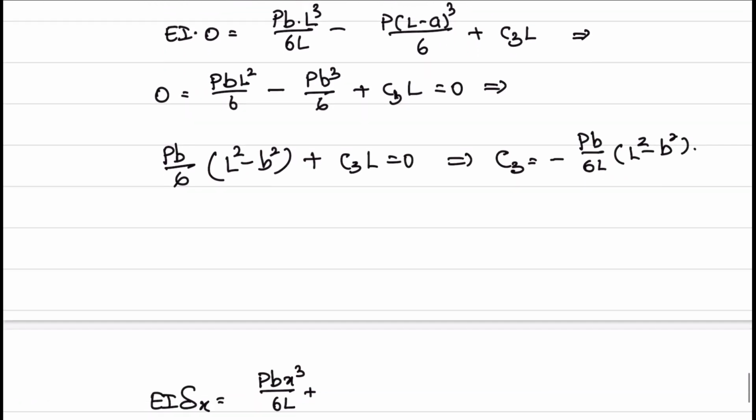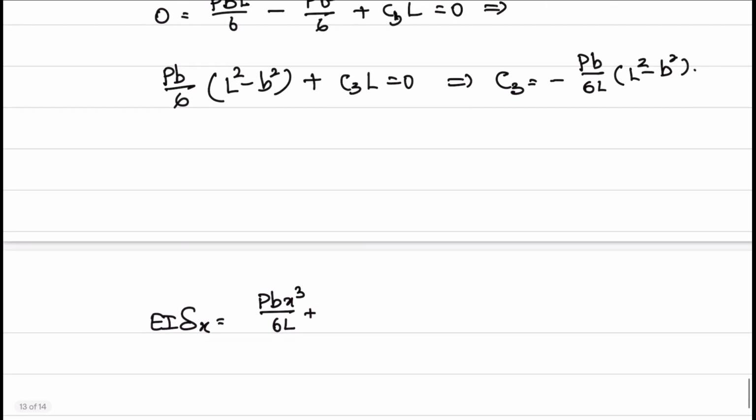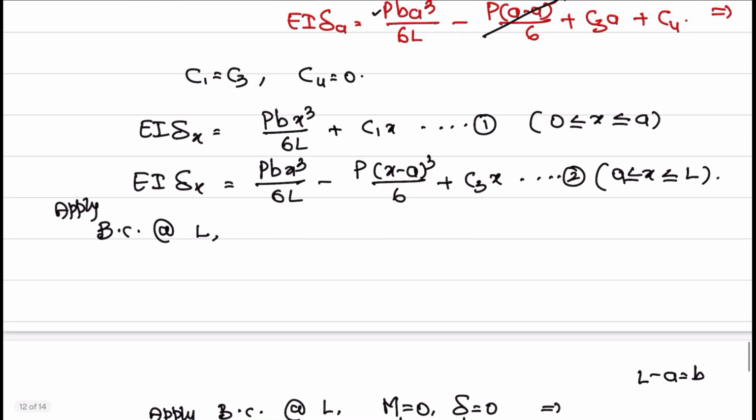C1 is equal to C3, we know. C3 is this much. We will write minus PBL by 6L into L square minus B square into x, because it is C1x.